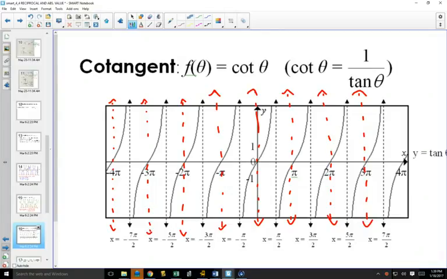Now, an interesting thing about the cotangent graph is even though cotangent is 1 over tan, and we're going to use the tan graph to help us, by definition, cotangent is also what over what? It's also cos over sine.